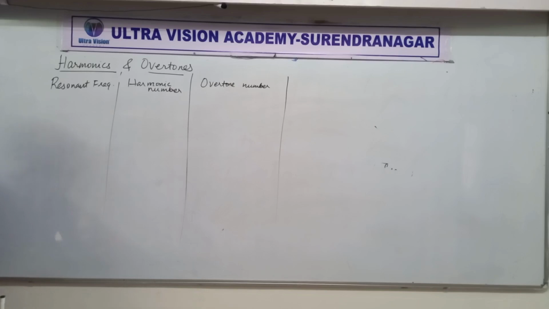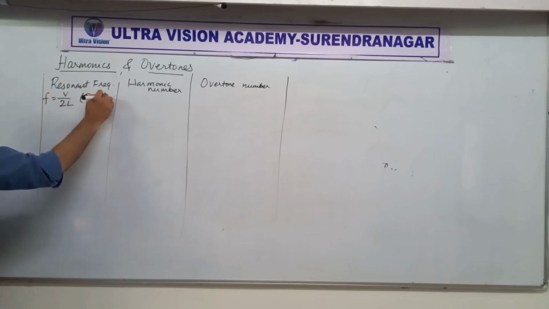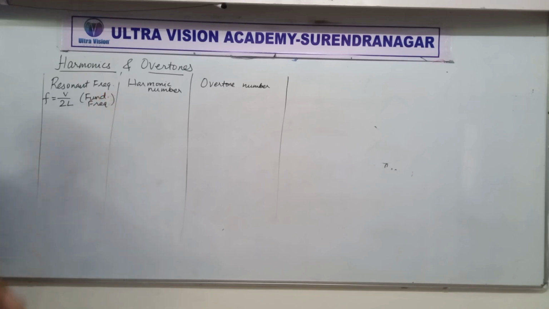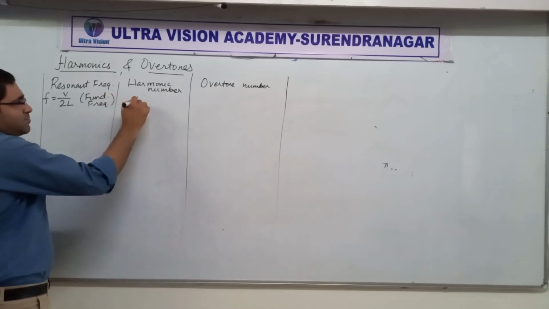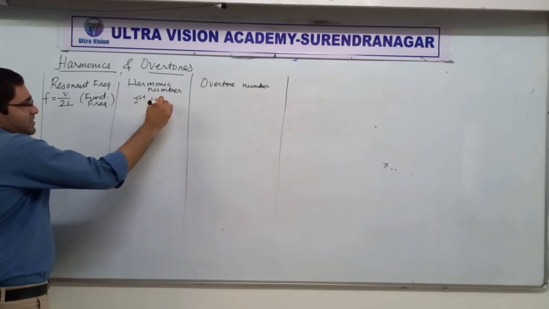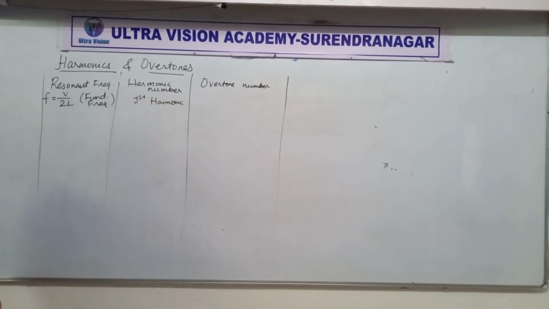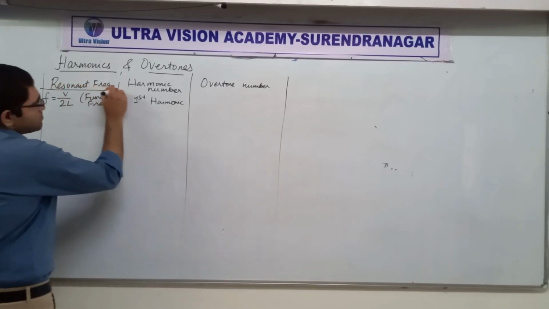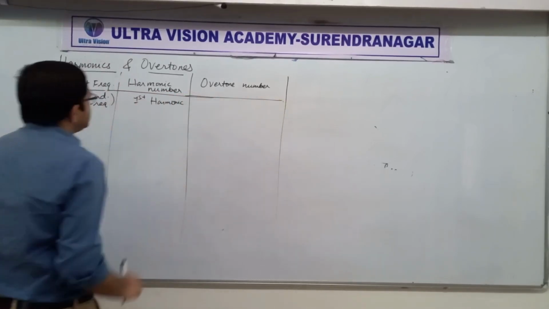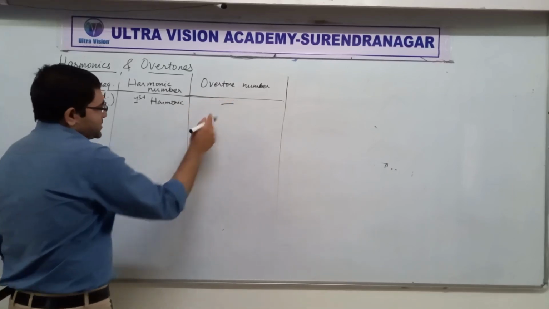So first of all, resonant frequency number 1. This is in serial order. The smallest resonant frequency is V by 2L, isn't it? F equal to V by 2L, correct? This is also called fundamental frequency. This is the first harmonic, and it's not an overtone.